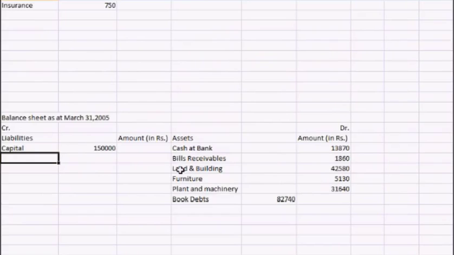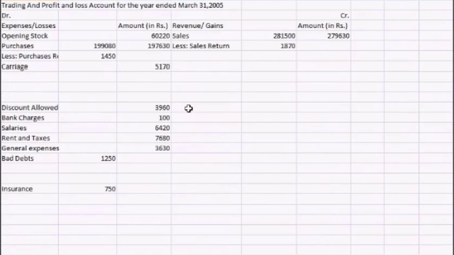So next we have discount received. Discount received is a kind of income for the company, but this is an indirect income, so just incorporate it after trading account. Discount received.